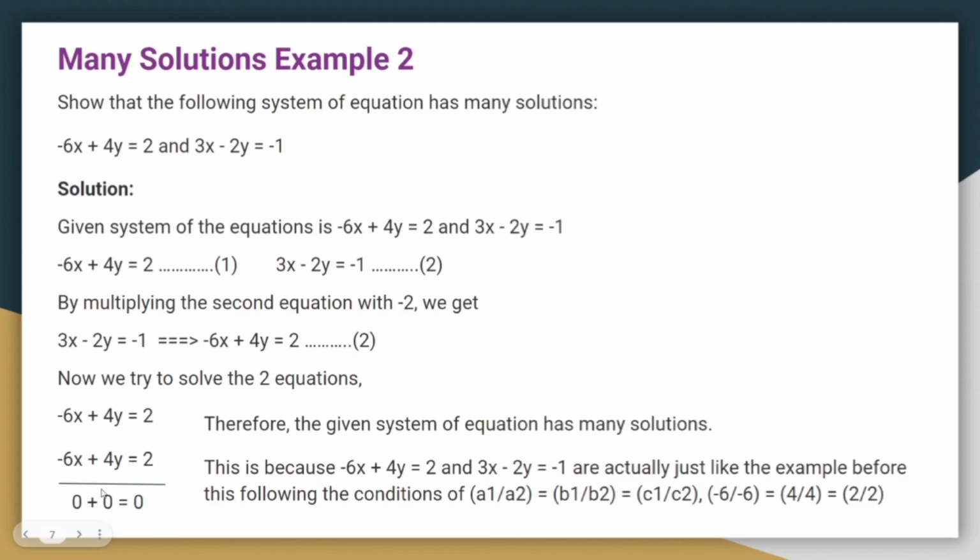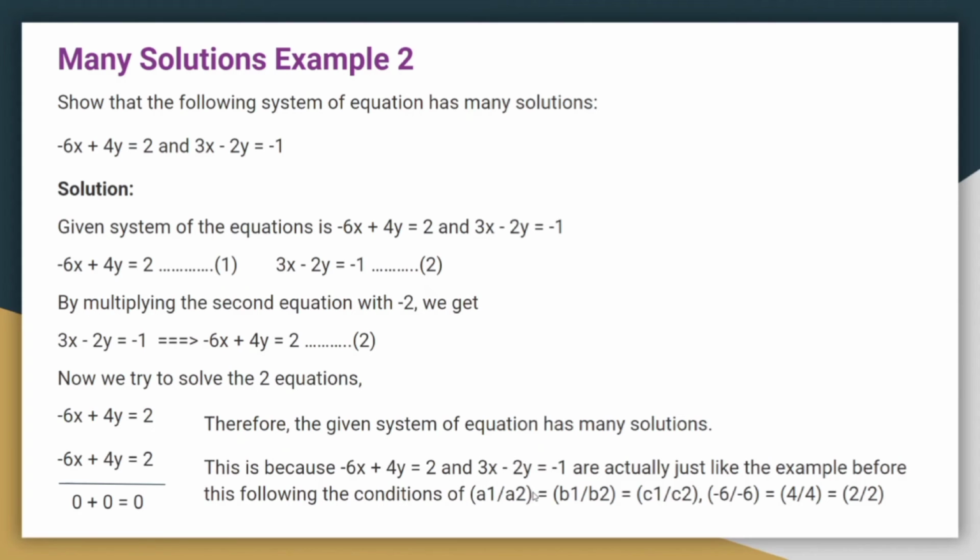So if we do it this way, we can just assume this as a1 over a2 equals 0, b1 over b2 equals 0, c1 over c2 equals 0. Since all three values of the ratios are the same, we can conclude that this system of equations has many solutions. Or we can skip the elimination method, and when we already have these two equations, just do it like normal.